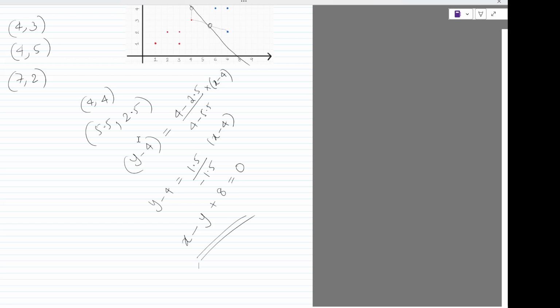Is this correct? Oh, sorry. This should be x plus y minus 8. Yeah.